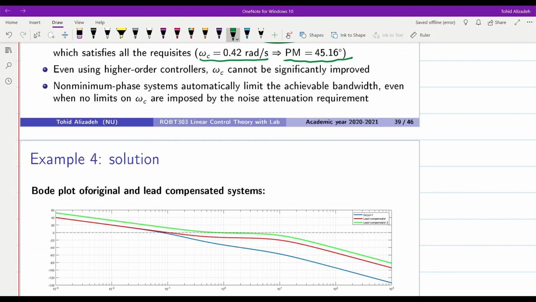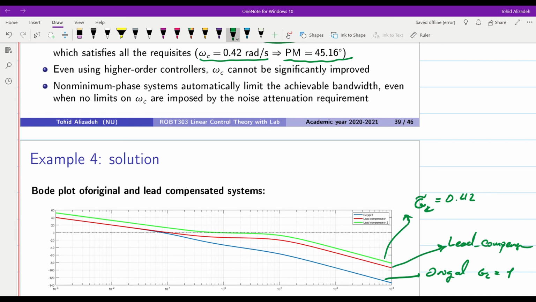And over here you can see the Bode plot for the original system, or GC equal to 1. This is the lead compensated one. And this is the last controller that we just obtained with GC tilde equal to 4.2.